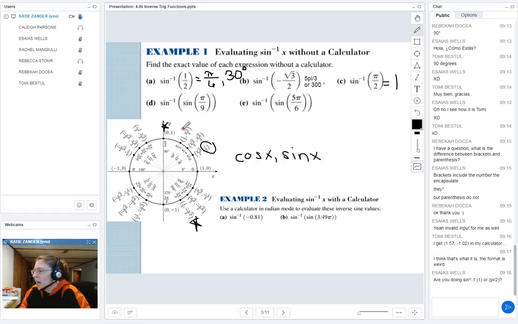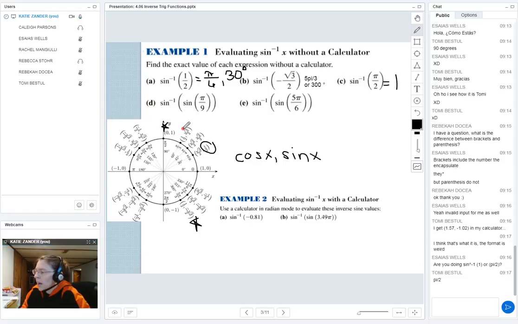Are you doing pi over 2 or sine inverse of 1? Pi over 2. It looks like it's almost translating pi over 2, because pi over 2 looks like it could be 1.57 almost. And then I'm not quite sure where the negative 1.02 would be coming into play. That's weird. I'll have to think about that and see what's going on.